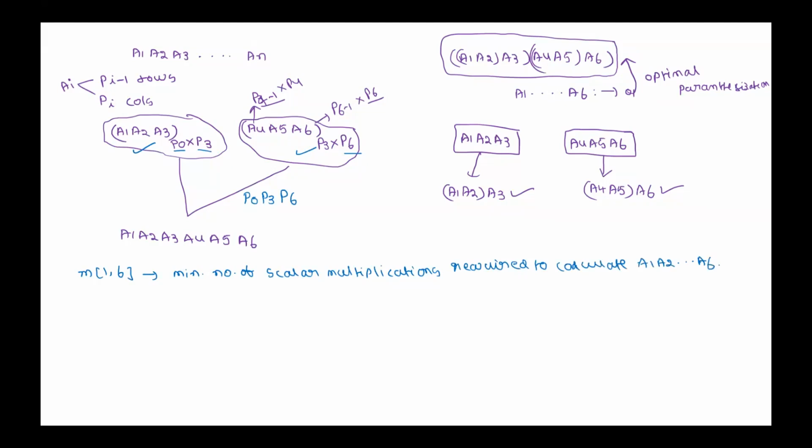Is that okay? Now tell me, this minimum number of multiplications for this is M1,6. In order to compute A1, A2, A3 using the minimum number of multiplications, what is that called?